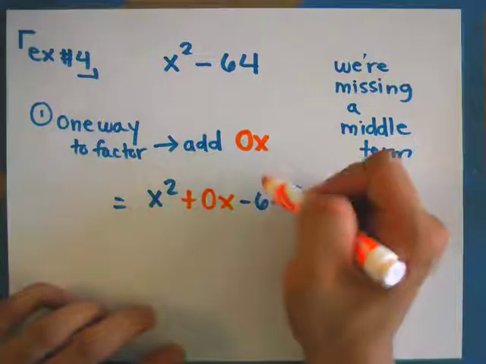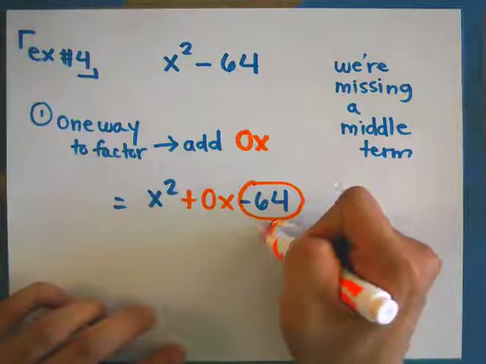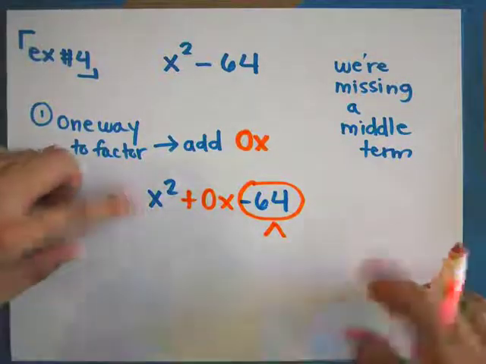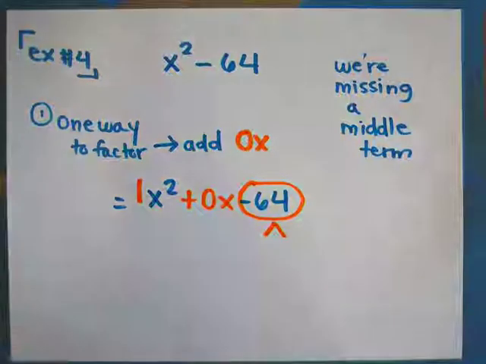When you do that, then you can start thinking about factoring the way that we've been doing so far. There's a 1 in front, so we can just focus on the negative 64. What two numbers multiply to negative 64?